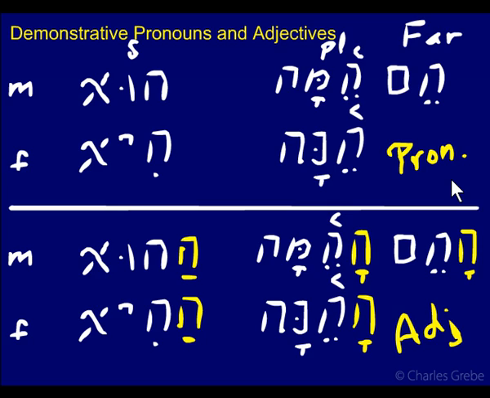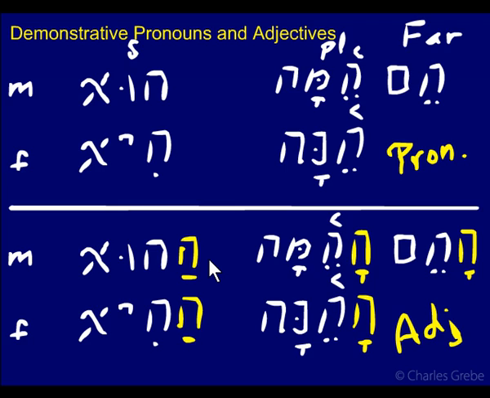Okay. So, what we have here, it's especially confusing with these here, because hu can function in three different ways. One, it can be an independent personal pronoun, meaning he, which is what we saw in the last module. It can also be a demonstrative pronoun, which is what we have right here. It can also be a demonstrative adjective, which is what we have right here.